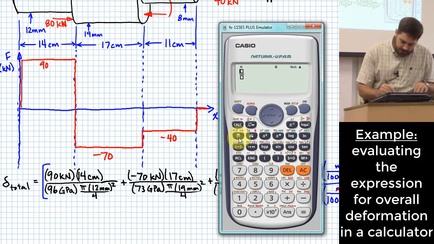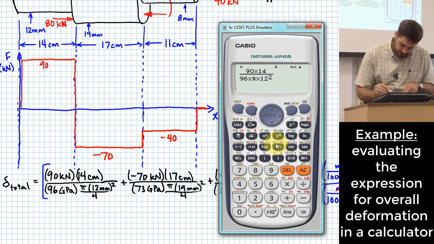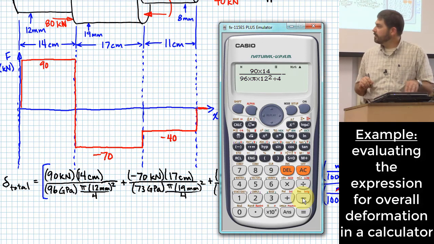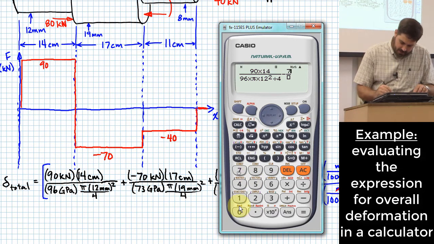All right. So let's see. We've got 90 times 14 over 96 times pi times 12 squared over 4 plus or minus. I could put minus here, right? Why? So I've got that negative 70 there, so I'll put minus 70 times 17 over 73 times pi times 19 squared over 4.